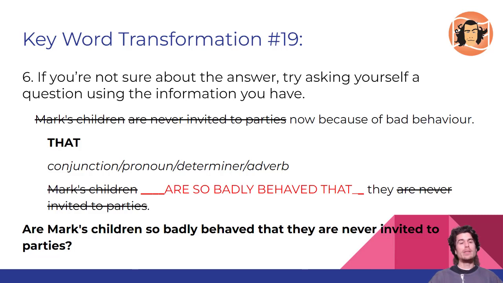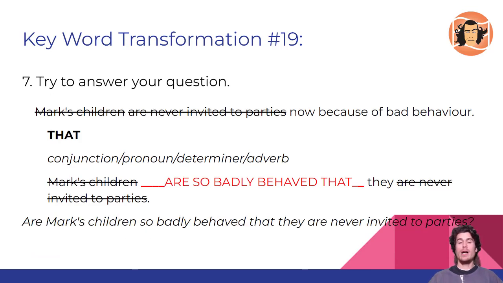And now in step number 7, we're going to try to write an answer to this question. So take a minute again and try to write a full sentence as an answer to the question that you've written down. Or, if you prefer, you can write a full answer to the question I've written down. And I'm going to do the same. When you're ready, press play.